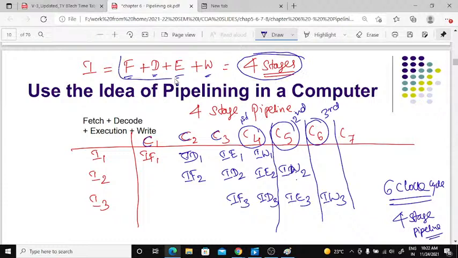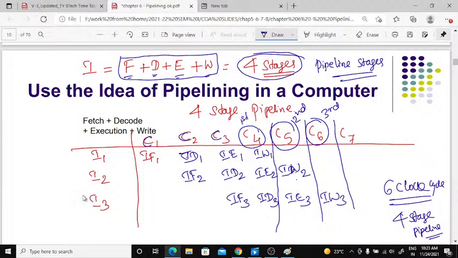This we call pipeline stages. So after the fourth clock cycle, in every clock cycle a new instruction is executing.